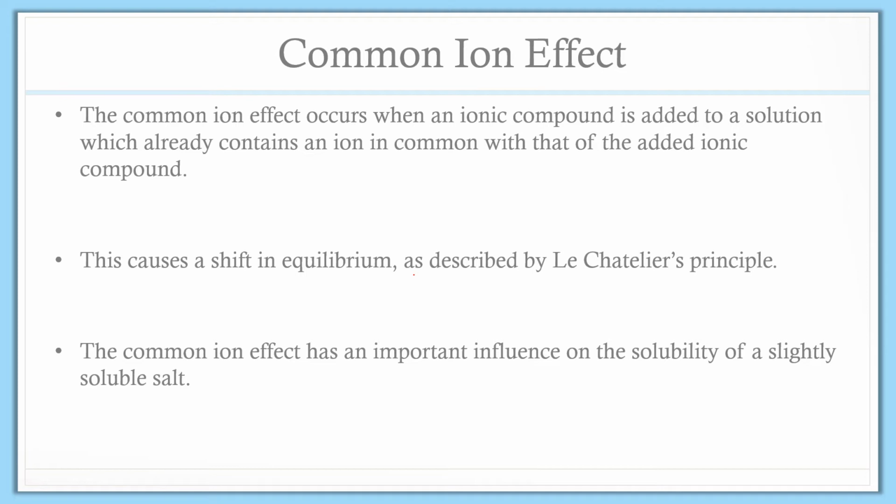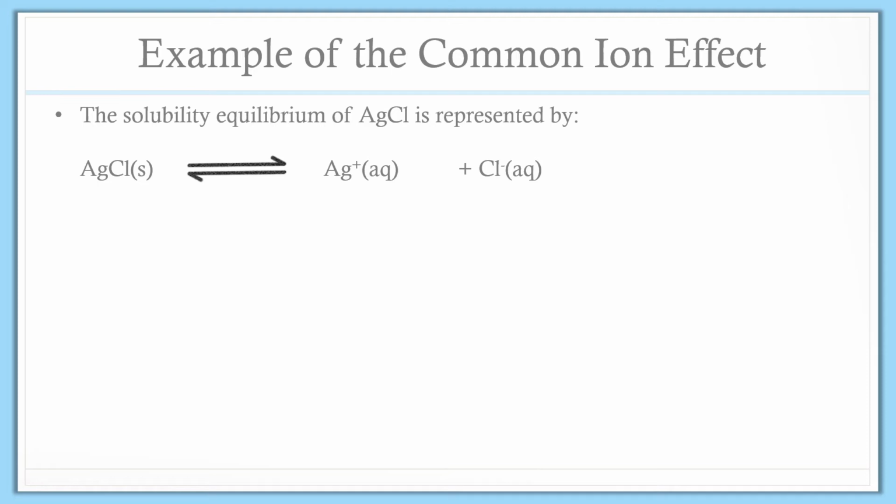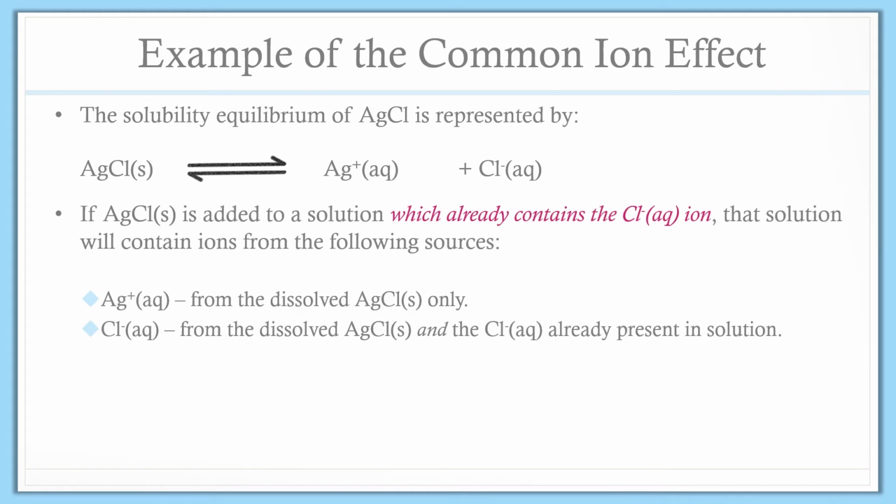All right, here's an example. Take this equation here. So silver chloride is in equilibrium with silver and chloride in solution. If silver chloride is added to a solution which already contains the chloride ion, the silver chloride you're adding has an ion in common with the stuff you're adding to it.